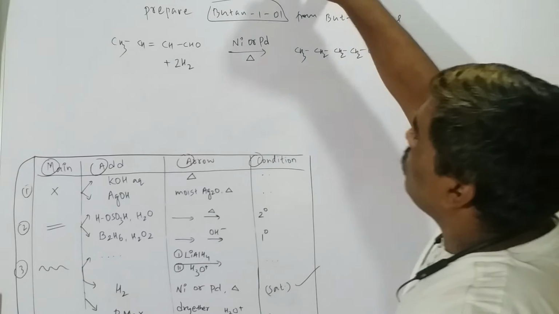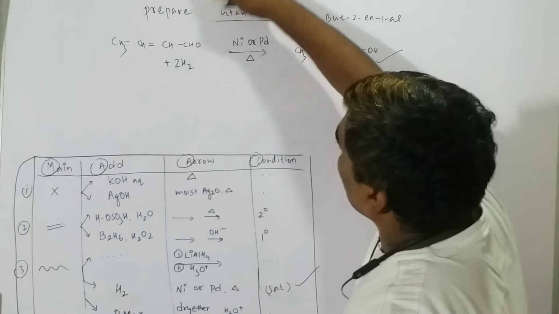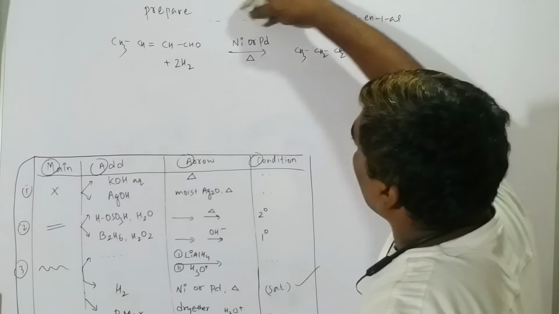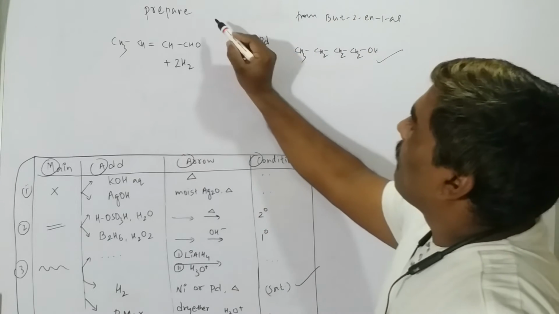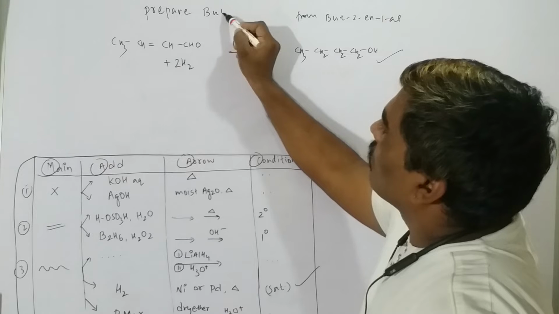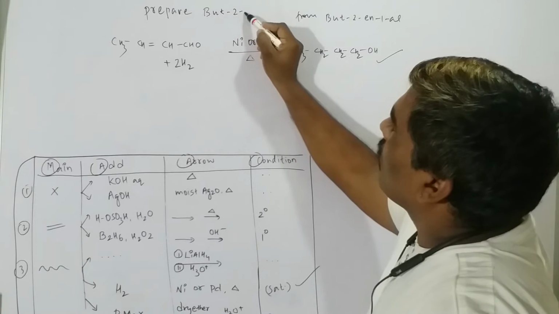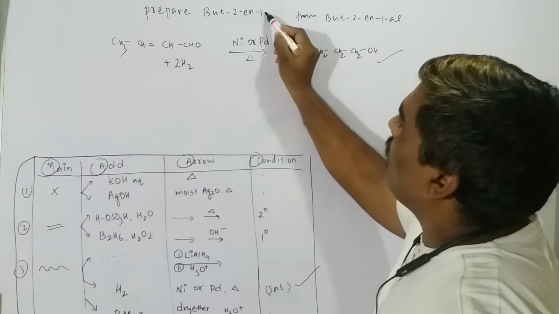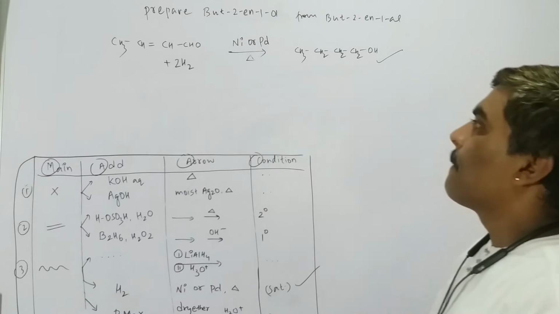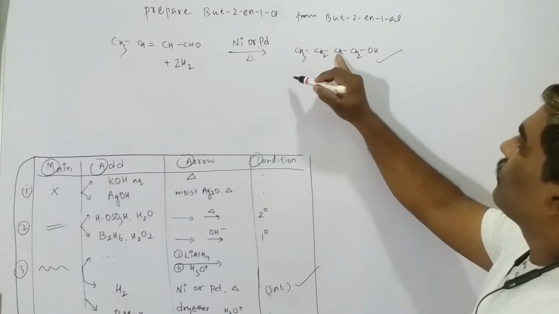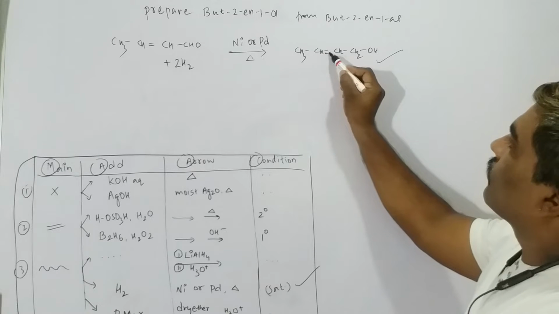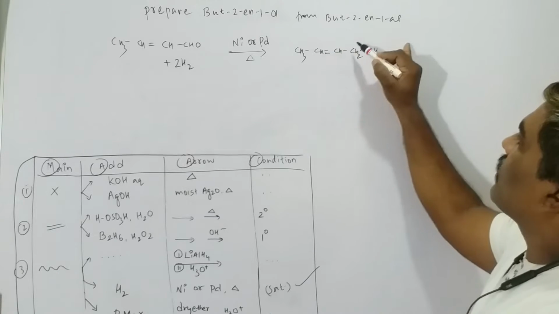Suppose now here I'll change this to but-2-en-1-ol. So here I have to change. Now this we want to prepare.